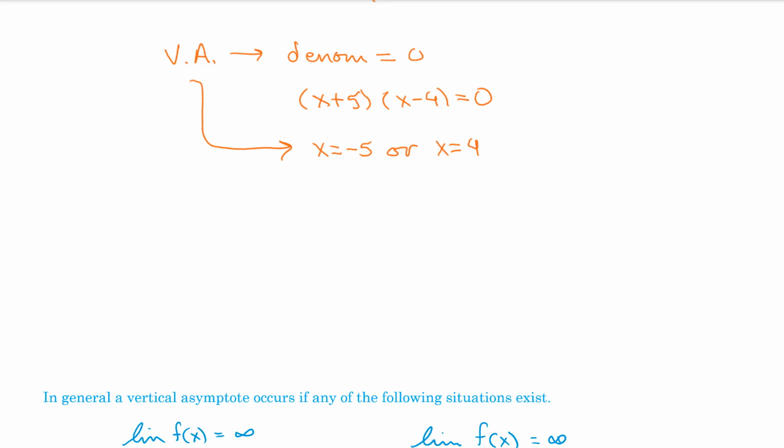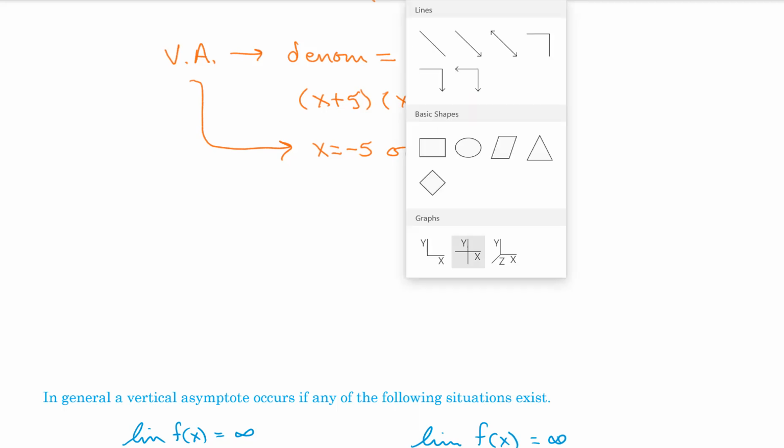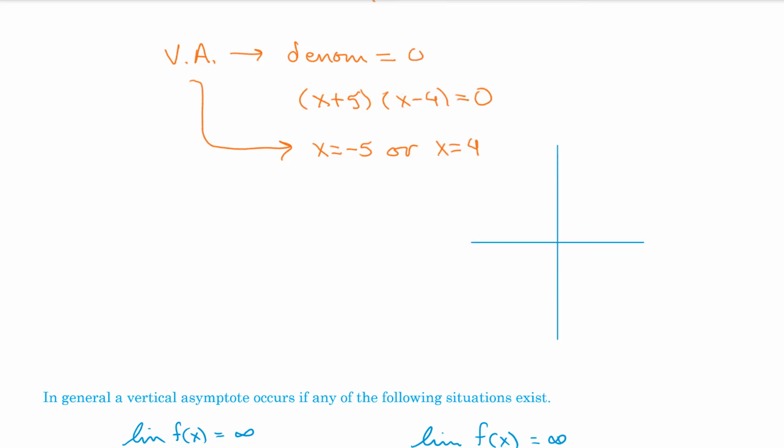When we go to graph this, a quick way to start to set up some of the conditions for the graph is to come over here to negative 5, move to the right to positive 4, and set up vertical asymptotes. Remember, vertical asymptotes are lines that the graph is typically not allowed to cross.